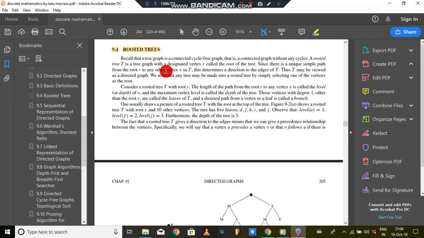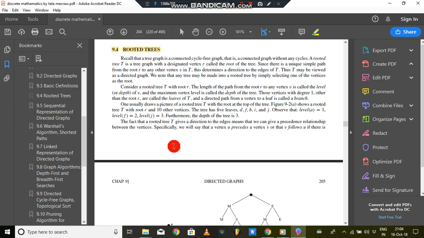What is the tree? You already know the tree if you read data structures, and also a little bit of introduction in discrete mathematics.